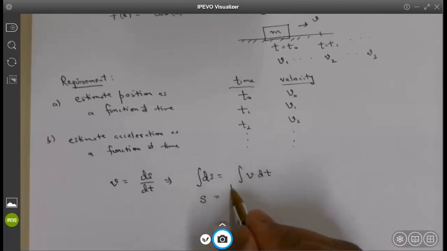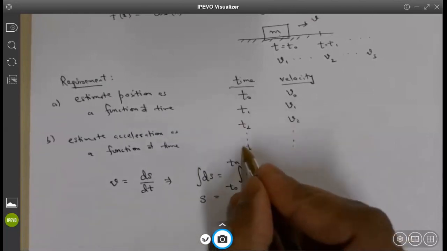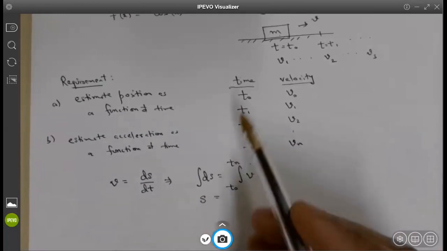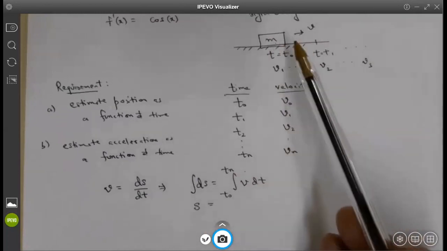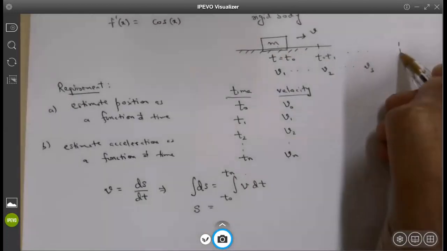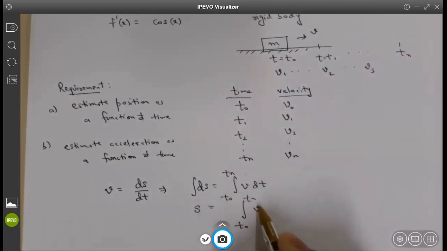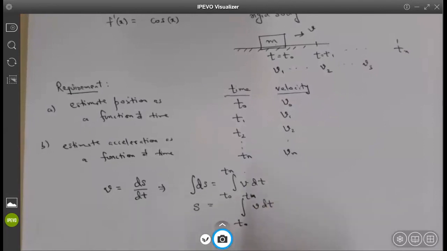If you know the integral from t naught to tn, which is from time t equals 0 to time t equals tn seconds, you can integrate this expression, and that will give you the displacement that a specific body undergoes from time t equals t naught to time t equals tn seconds. Is everybody with me so far? Yeah, guys? Yes. Everybody is following what we are trying to do here?